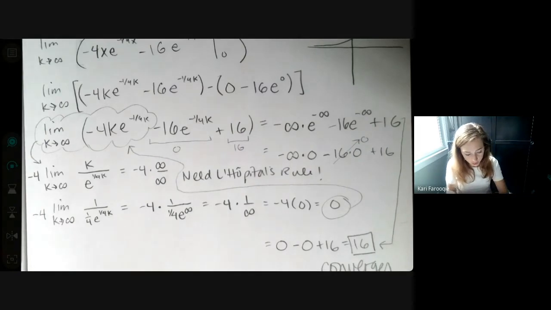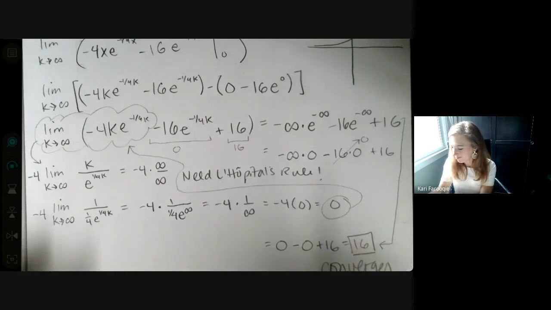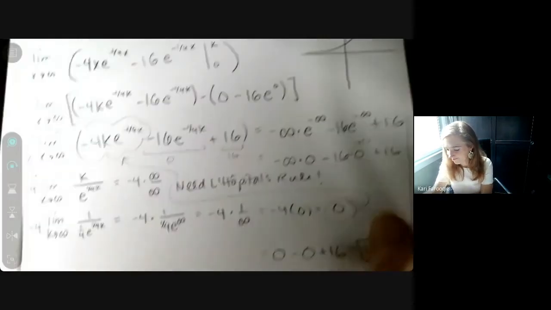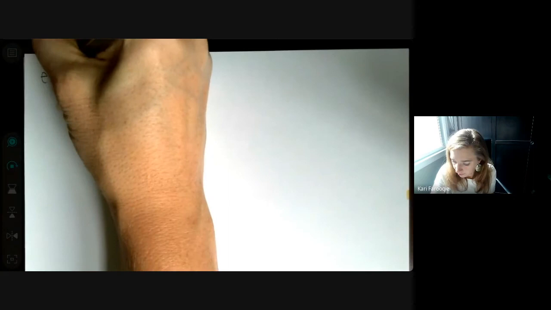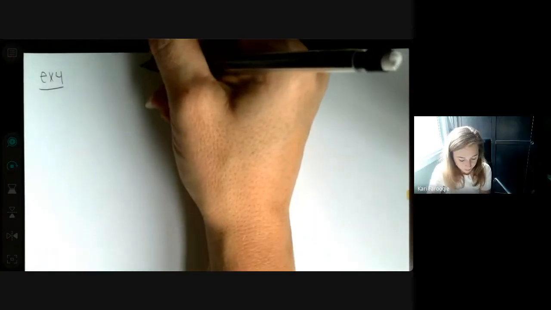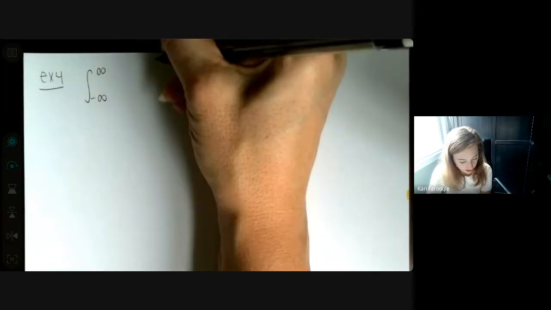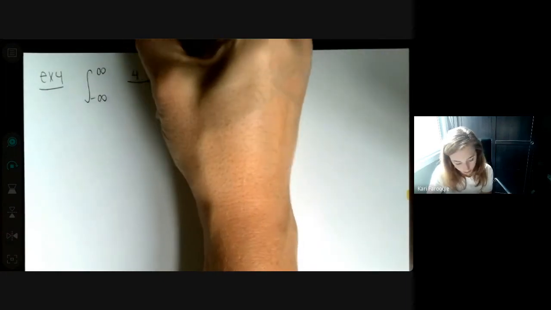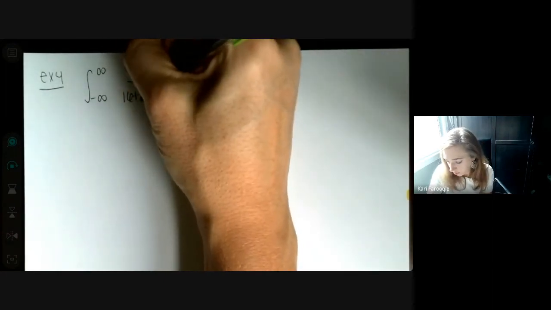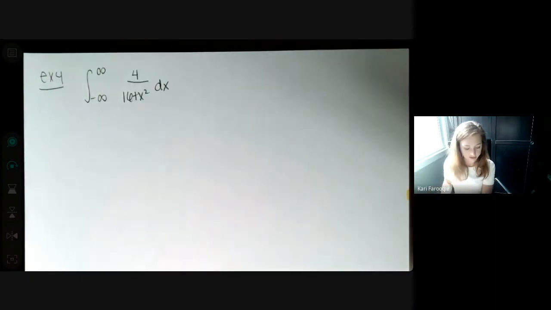Okay, so let's do one that has an infinite lower and upper limit. Example 4. We are going to go from negative infinity to positive infinity. We're going to look at 4 over 16 plus x squared dx.